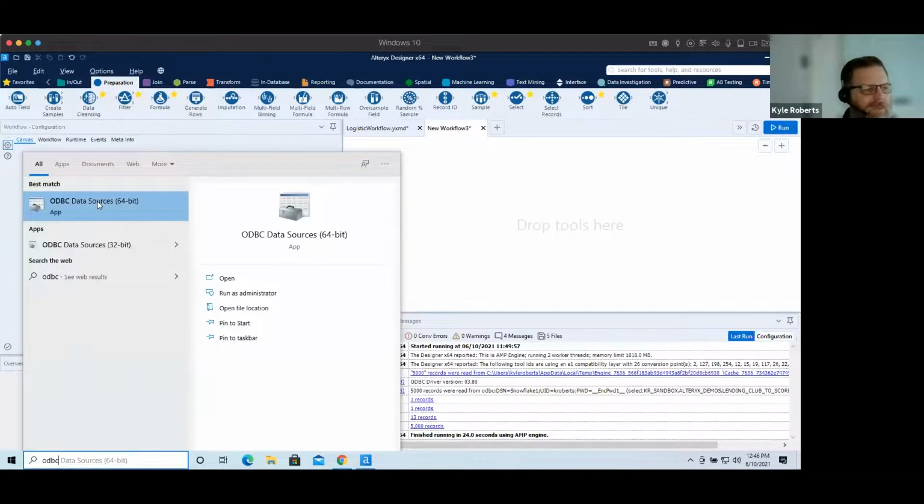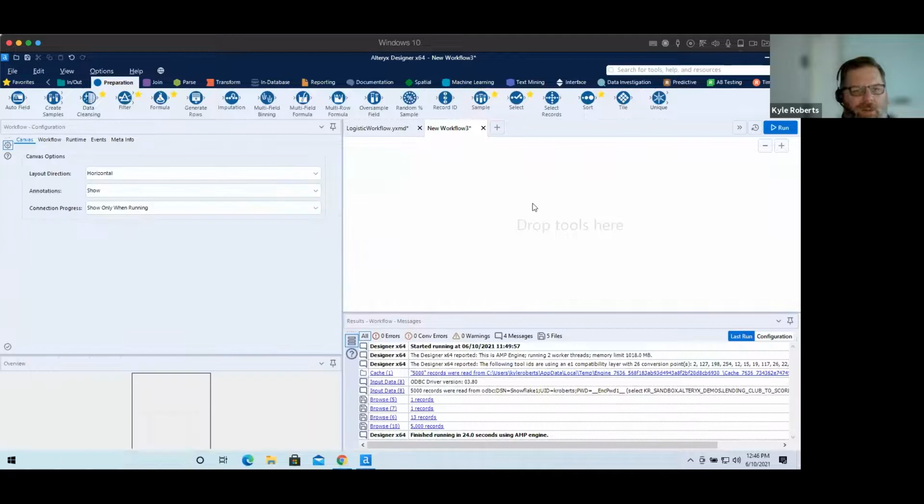I'm not going to pull those up because I don't want you to see all my data sources. They have to be set up first, and you have to pull in the Snowflake driver. There are really good articles on the Alteryx website on easy ways to do this.